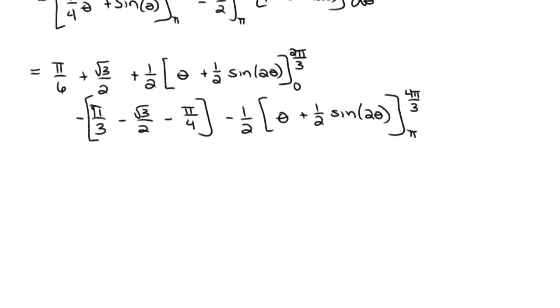So a little bit of simplification here. When I say a little bit, it seems like a lot, doesn't it? Let's see what I can do here kind of quickly. Actually, I probably shouldn't. Let's see, pi over 6 plus root 3 over 2 plus 1/2 times 2 pi over 3. Most of this is going to be arithmetic.